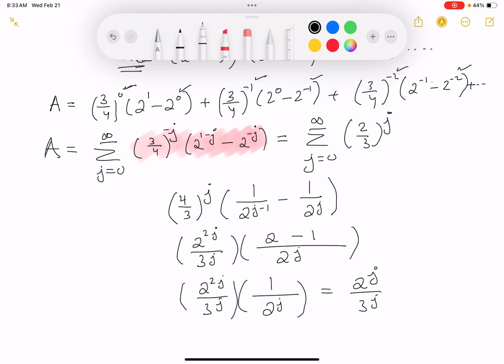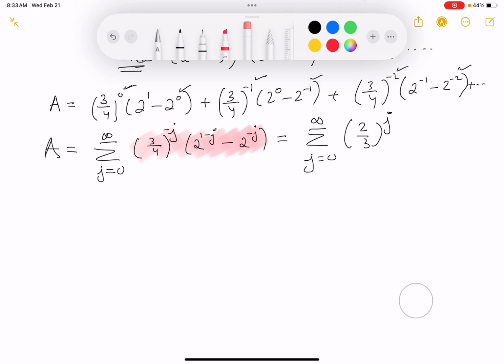And let me get a bigger eraser out. That's my scratch work. And I'm going to say it's a geometric sum. Let me just remind you what that sum looks like. It's 1 plus 2/3 to the first power plus 2/3 to the second power, yada, yada, yada.